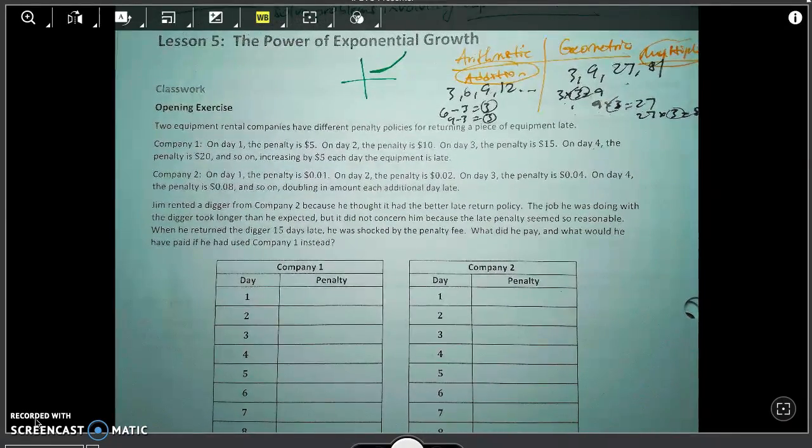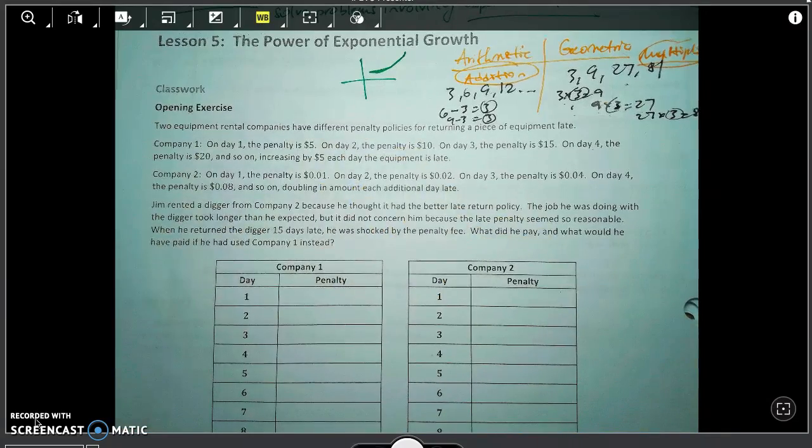Two equipment rental companies have different penalty policies for returning a piece of equipment late. Company 1 charges $5 on day 1, then $10 on day 2, and so on, increasing by $5 each day the equipment is late.